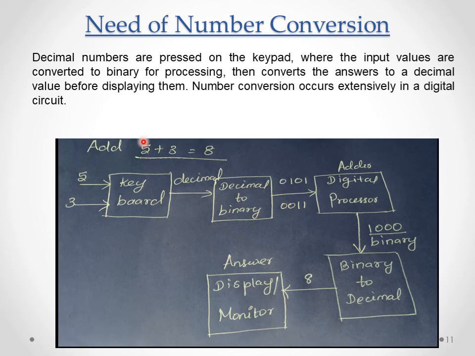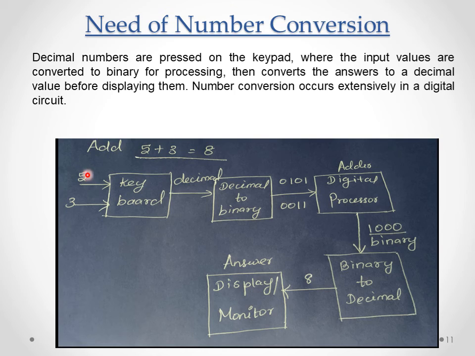So what we are typing as input is 5, this is input 1, plus is input 2, 3 is input 3, and the equal sign. So 4 inputs we are giving. These 4 inputs we are typing on the keyboard first.